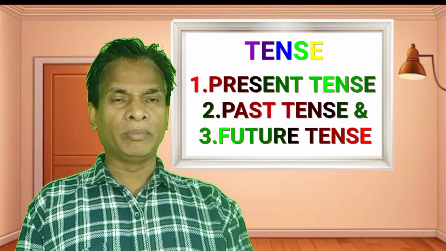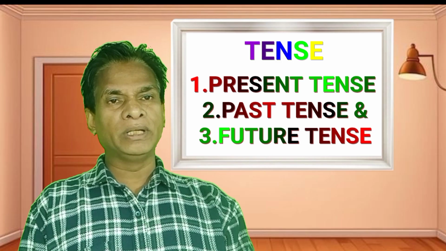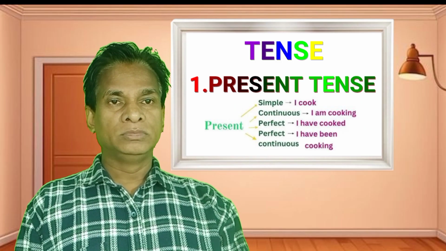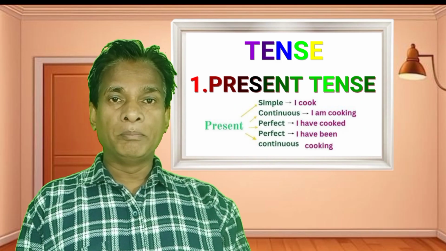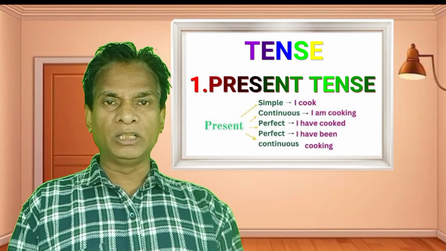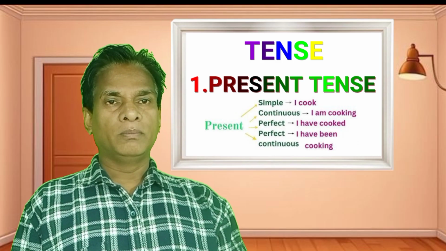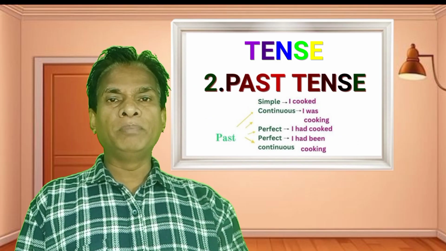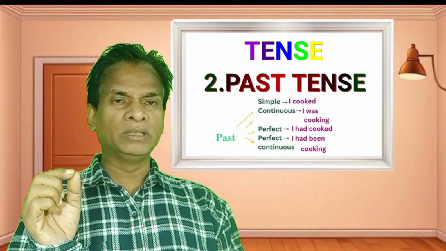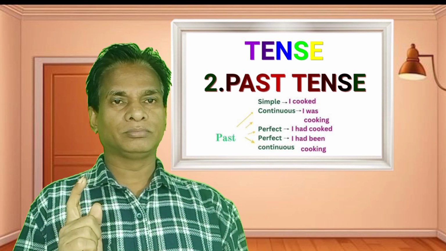Each tense has four subdivisions. Let's know all four subdivisions of present tense: simple present tense, present continuous tense, present perfect tense, and present perfect continuous tense. Now let's know past tense: simple past tense, past continuous tense, past perfect tense, and past perfect continuous tense.